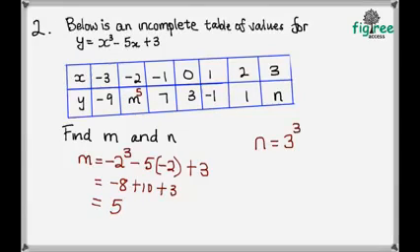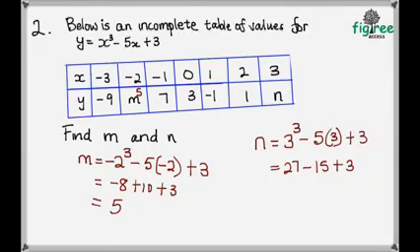And for n, I will do the same. I'll substitute 3. So 3 cubed is 27 minus 5 times 3 is 15. That will give me 12 plus 3 is 15. So n is 15. I'm going to plot that.